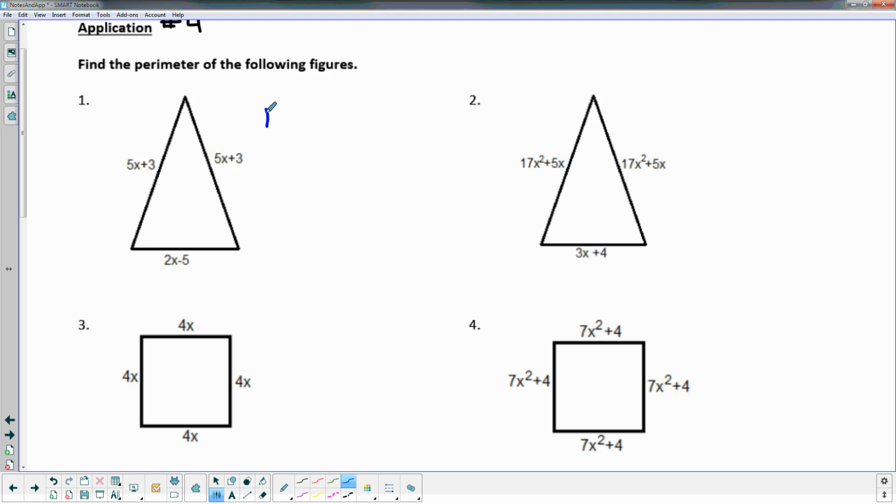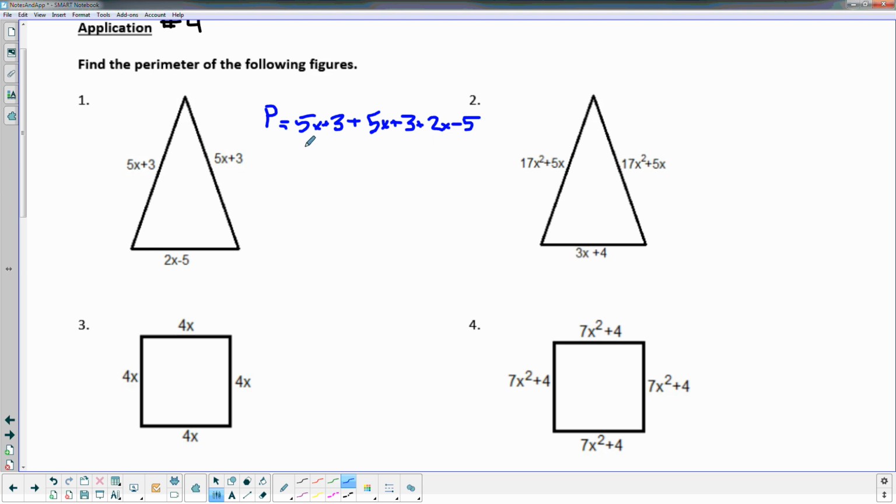So for this first one, let's just get started on it. I want to add up all of these three sides. I'm going to have 5x plus 3 plus 5x plus 3 plus 2x minus 5.